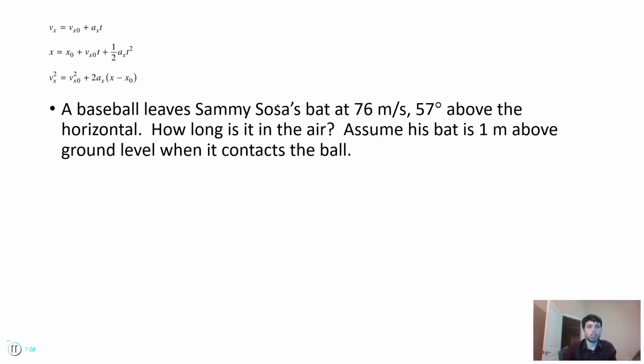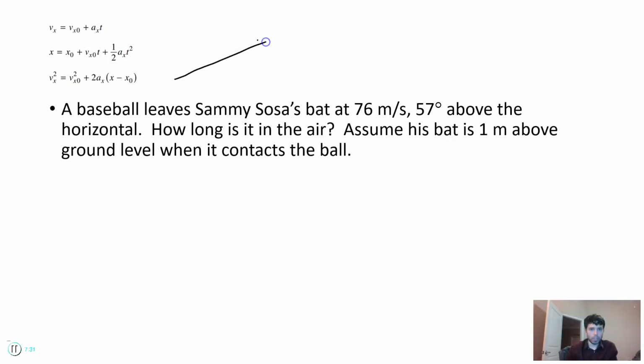Alright, next one. This one's kind of like the one we were doing in class, actually, so make sure you're in degree mode when you go to do these problems. We got Sammy Sosa. You can tell this was written back in the 90s, I think, because who knows who Sammy Sosa is anymore, unless you're a baseball fan. Alright, so it's going to leave this baseball bat.